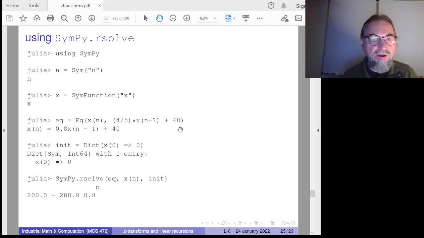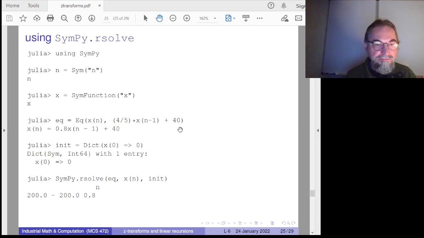So here I defined it explicitly. So the dictionary in Julia is defined by the Dict. So I'm indicating that at 0 there is nothing. So there are no writers. And then I can solve. I apply rsolve. I spend a lot of time on this, so you can see that it's very efficient if you know how to do this.